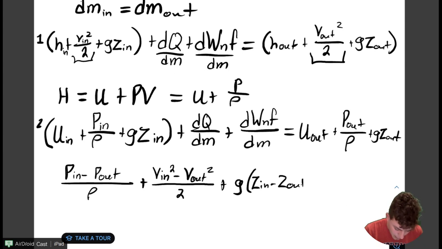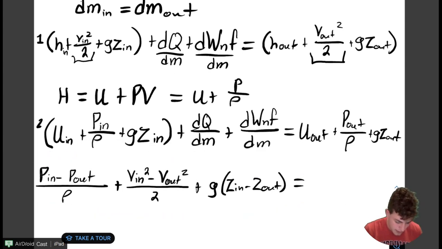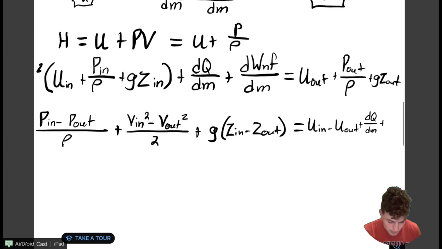and equate this then to our difference in internal energy plus differential of heat with respect to mass, and similar for our non-flow work.